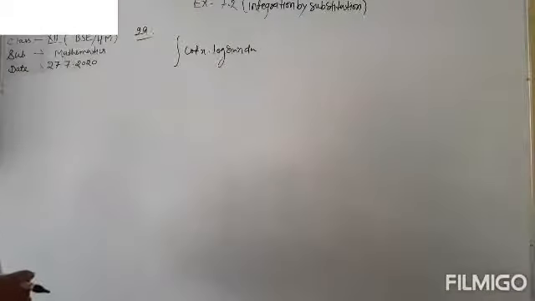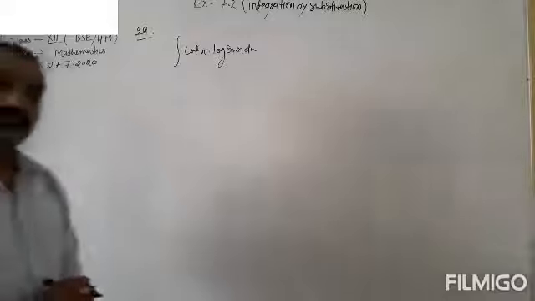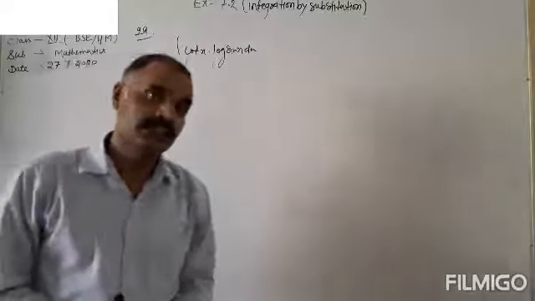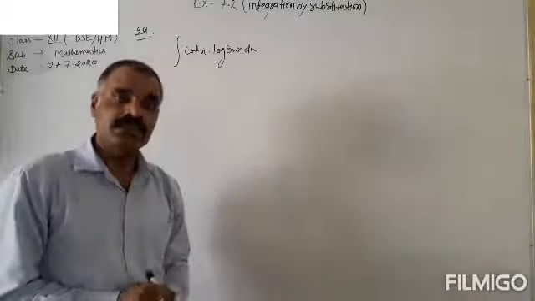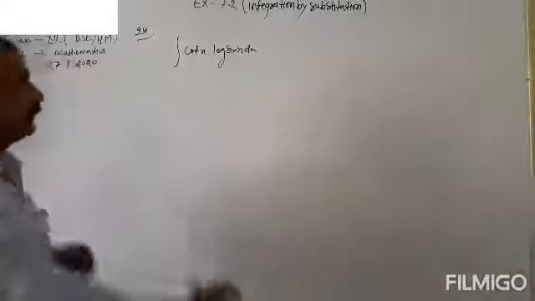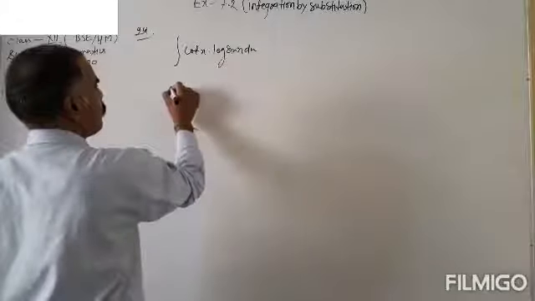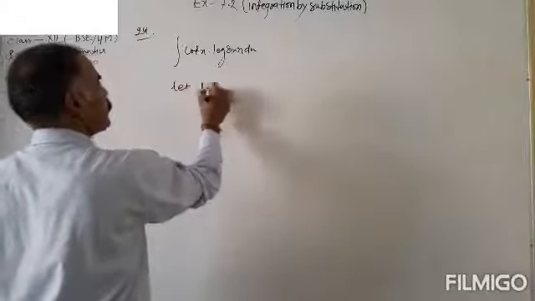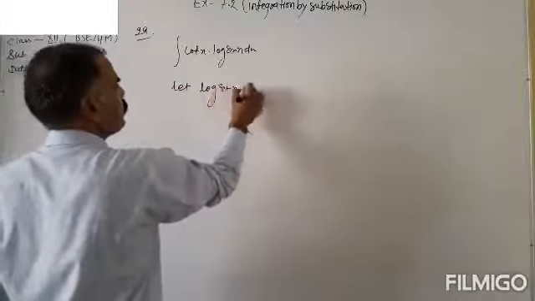So cot x log sin x. Log sin x is the function, and the derivative of log sin x is cot x. Okay, so let us substitute log sin x equal to t.